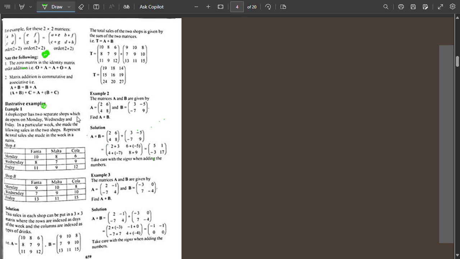So in this example, they just want you to represent the sales in a matrix, and that is very simple. You just draw your parentheses, then you take the elements from the table and fill them inside. So we have 10, 8, 6, 8, 7, 9, 11, and 12. This is very easy.